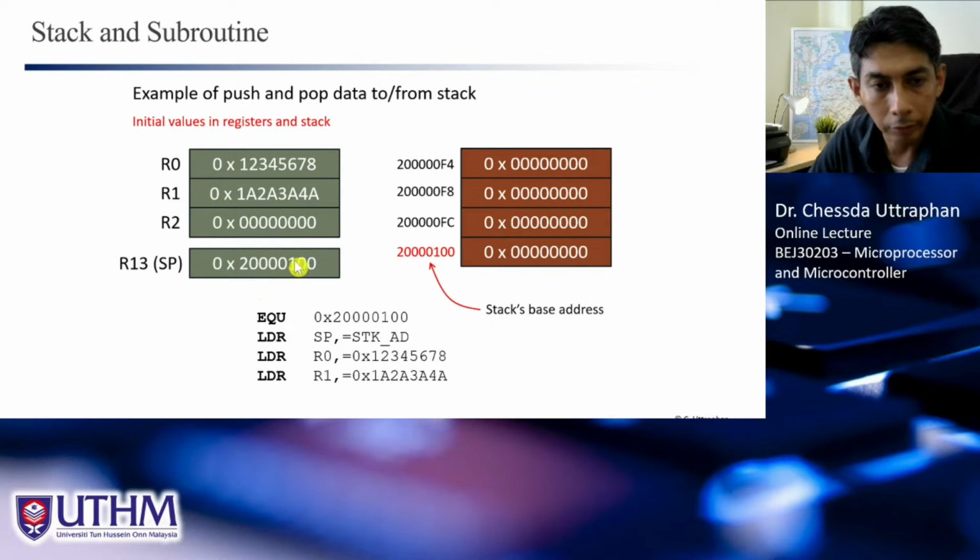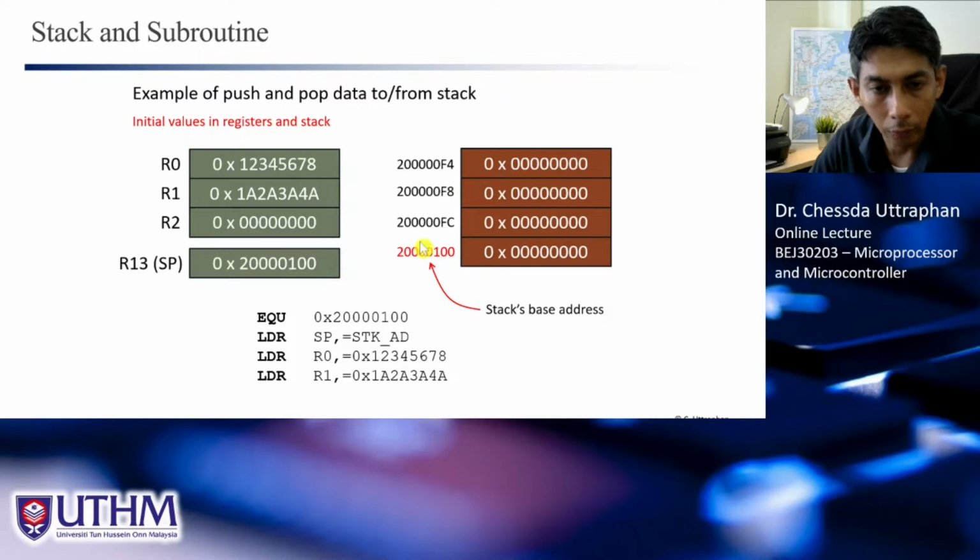And this will illustrate what is happening in the SP register, the stack pointer, when we execute the subroutine. It will always point to the stack address, the top of the stack. For example, initially we set the stack address to be this address, right?